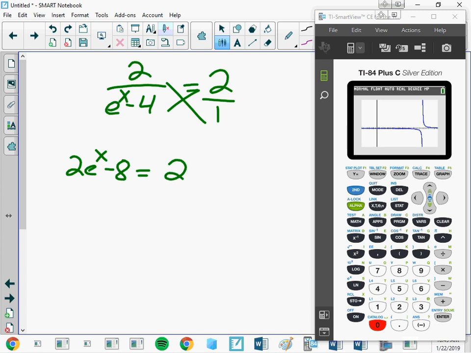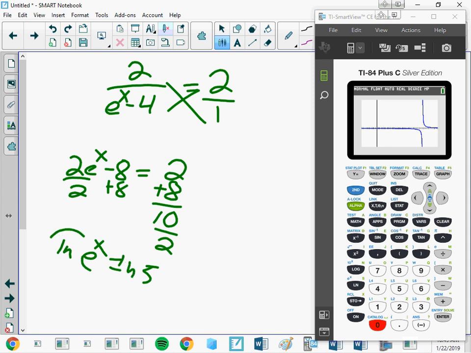So add 8, that's 10. Divide by 2 is 5. e to the x equals 5. So ln both sides, drop the x. And the ln of e is just 1. So the answer is the ln of 5, which is B.